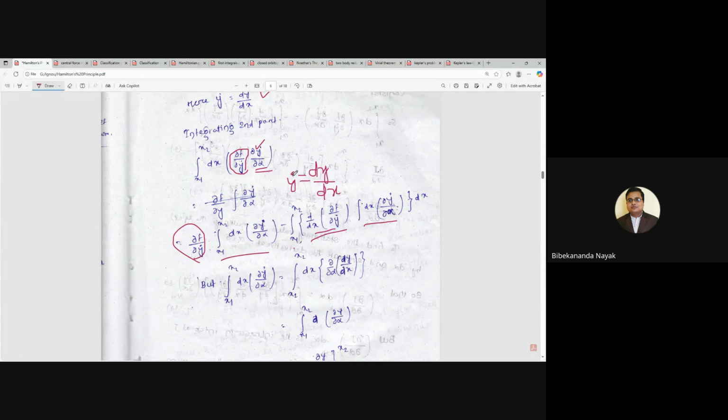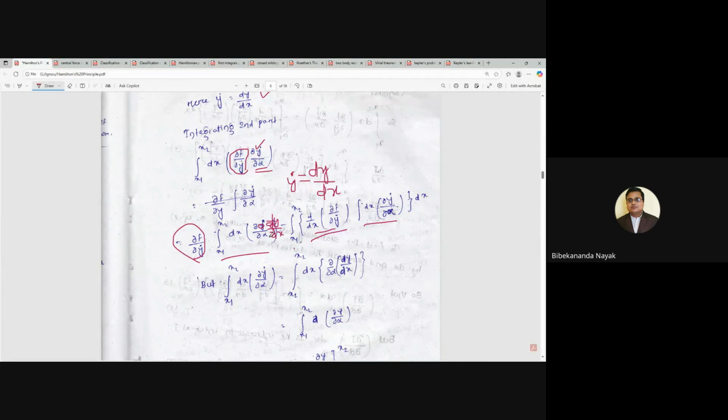Here we have also written in the first line that y dot is equal to dy by dx. So now in place of y dot you can write dy by dx, del by del alpha of dy by dx. Alpha and x are independent parameters, so I can interchange their order. So I can write it as d by dx of del y by del alpha.